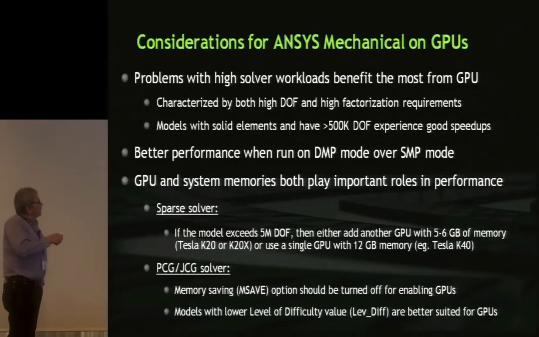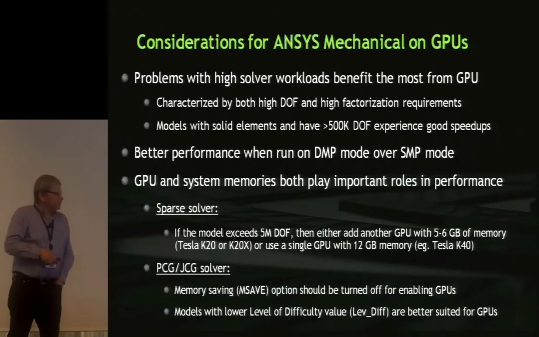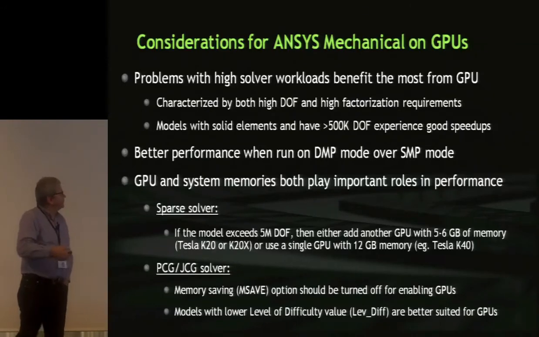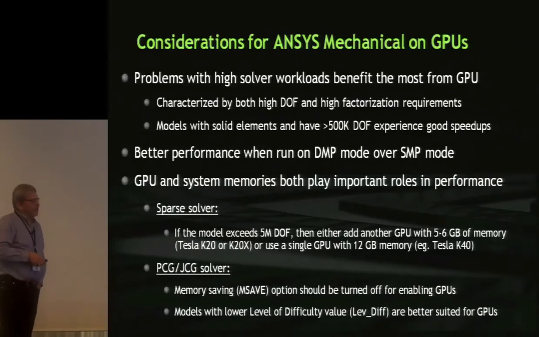For instance, for the sparse solver, if the model exceeds 5 million degrees of freedom, then you have to add another GPU with 5 or 6 gigabytes of memory, so the K20 or the K20X, or you should use a GPU with larger memory.